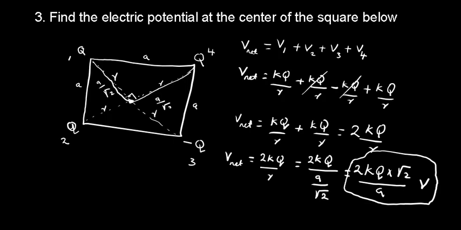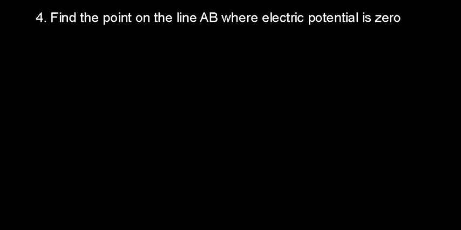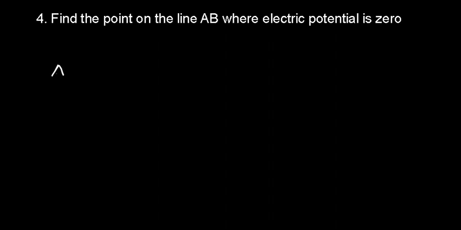So it says, find the point on the line AB where electric potential is 0. We have this point A here, okay, and we have a line. This is a positive charge 2Q.